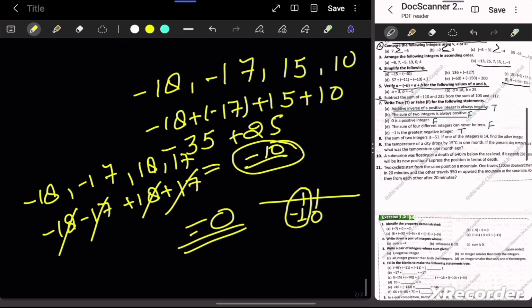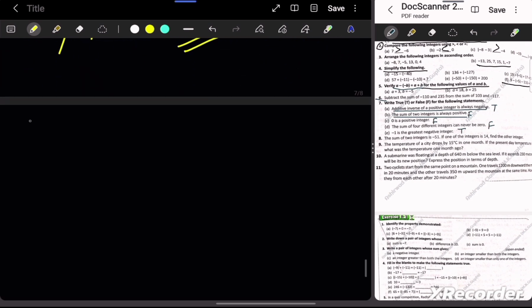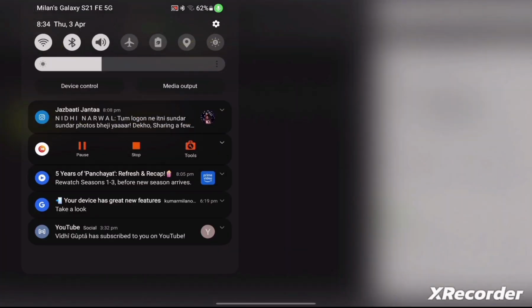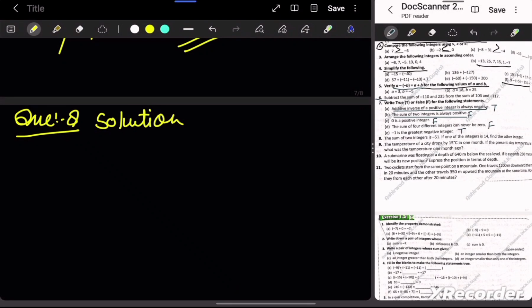Now, question number 8. The sum of two integers is minus 51. Let the two integers be a and b.